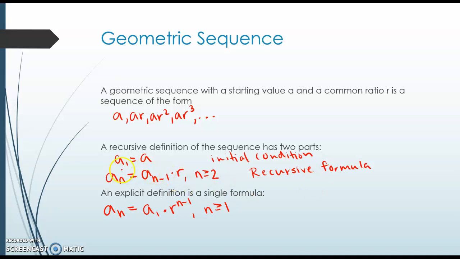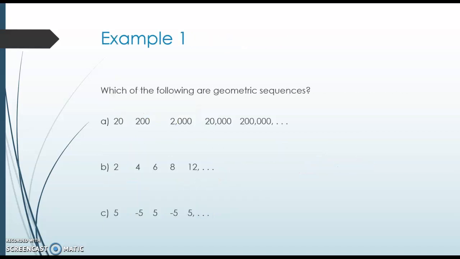So as long as we have the starting value and the common ratio, we can write any form of these, whether we're writing the recursive or the explicit, or we're just writing out the geometric sequence itself. So first things first, let's decide which of these three examples are geometric sequences.